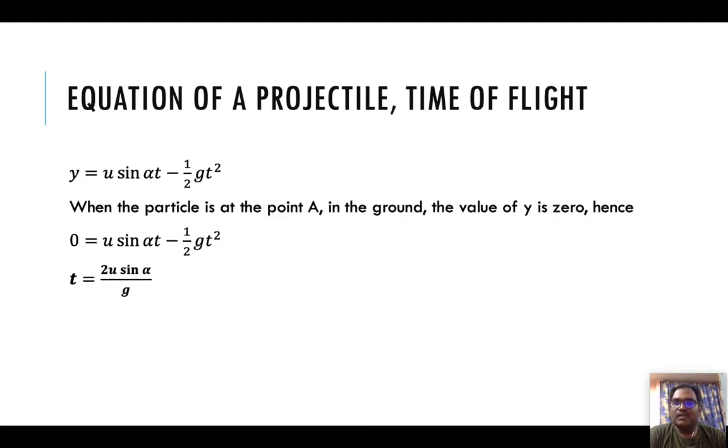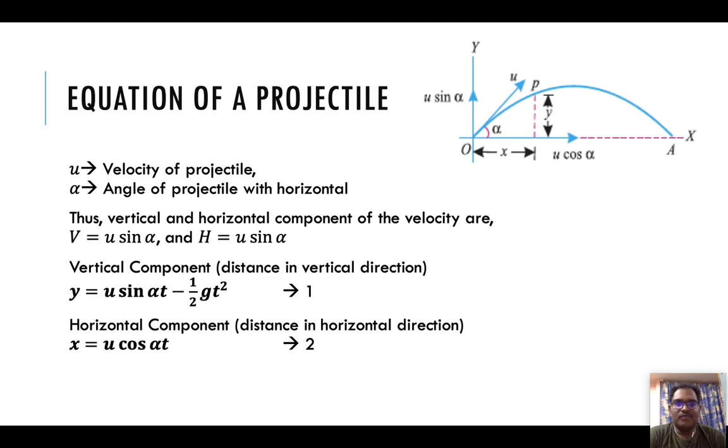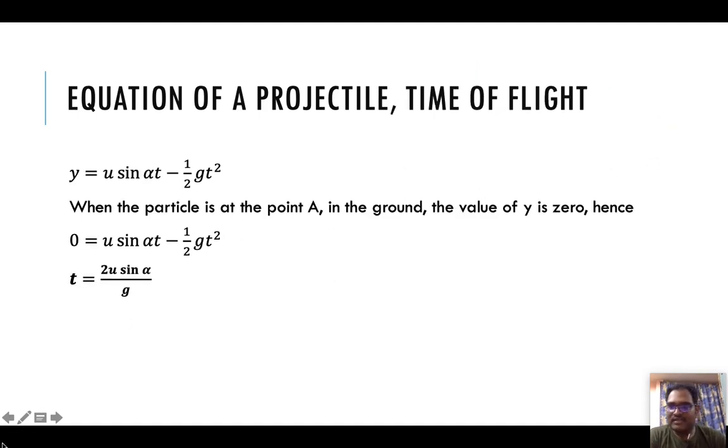Okay. So the equation of the projectile, we'll look into the time of flight. So when the particle is at point A, which is basically, if you go into the previous figure, you'll be able to find that it reaches this end point. So this is your point A, which is your end point, right? If it has to be told figuratively, you have a starting point O, you're throwing a particular object, it reaches a height, it falls down.